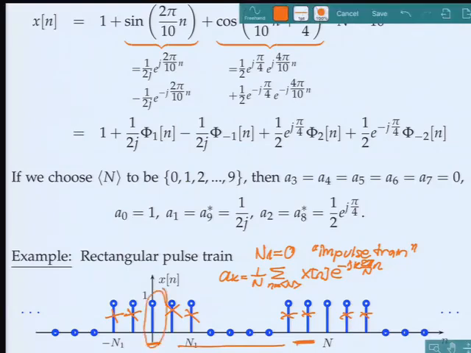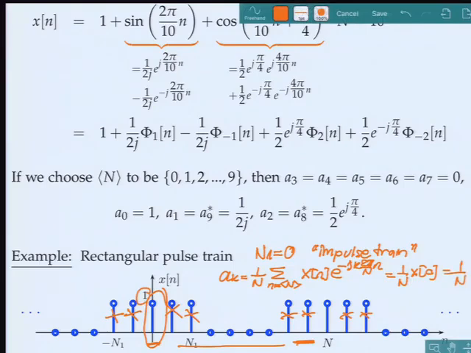I only have to account for this. There's nothing else to add, so I don't need to sum. I just need to look at what I'm summing at n equal to 0, and this will give me 1 over N, x of 0, and because little n is set to 0, this term also becomes 1, and that's it. And what is x of 0? It's 1. So 1 over N.